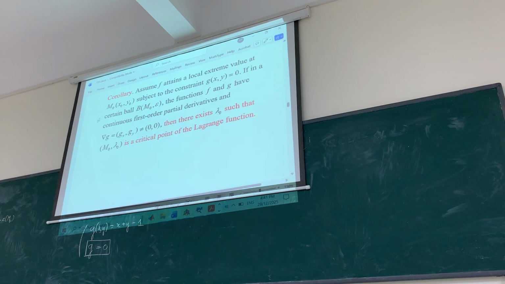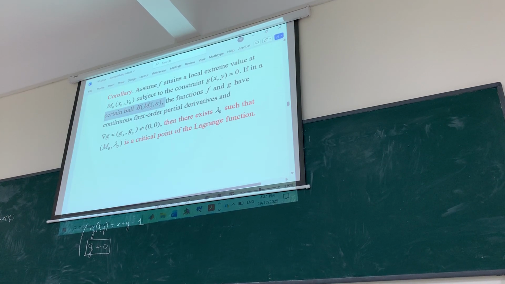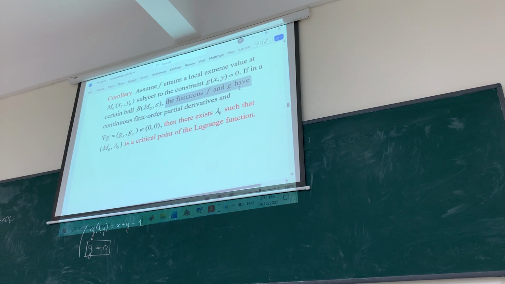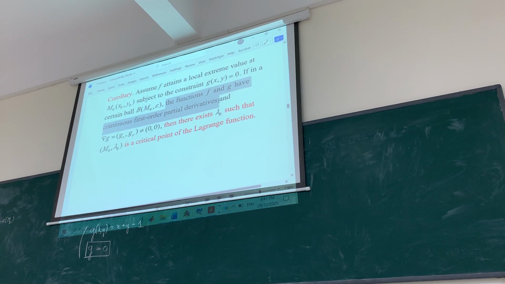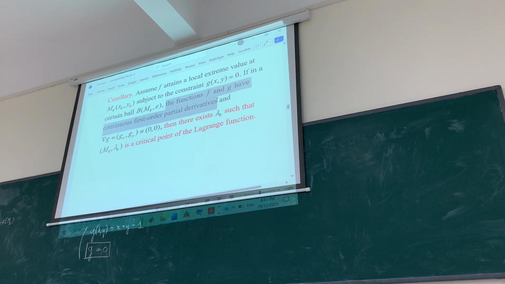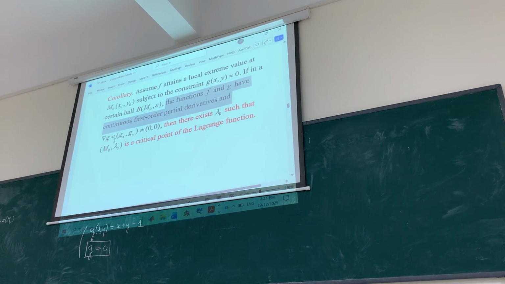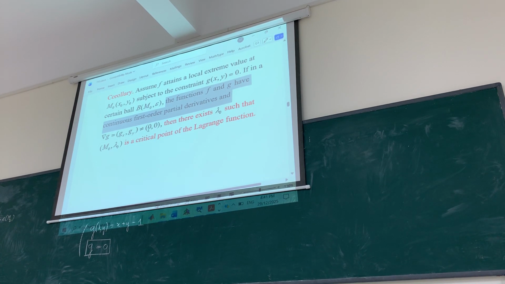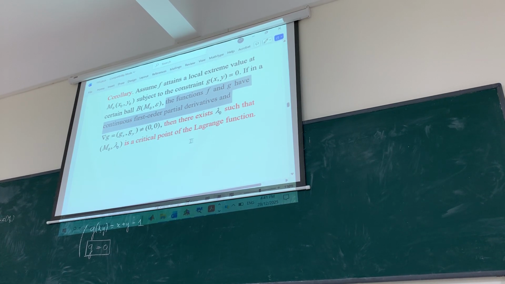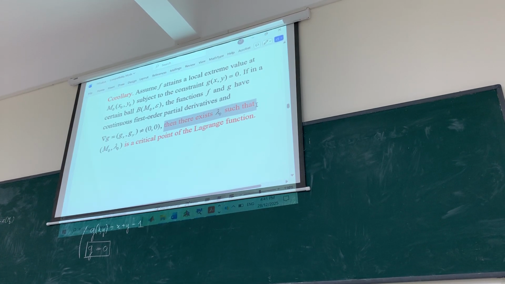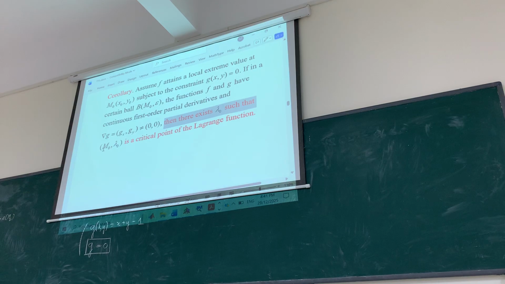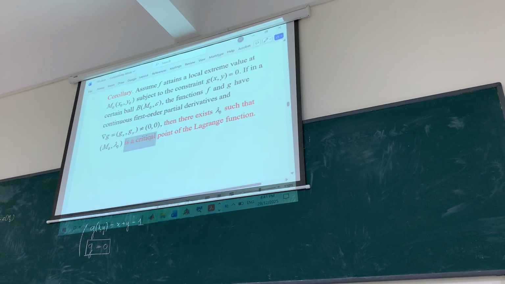If in a certain ball around m0, the function f and z have continuous first order partial derivatives, and z prime x, z prime y are not zero in this ball, then there always exists lambda 0 such that m0, lambda 0 is a critical point of the Lagrange function.